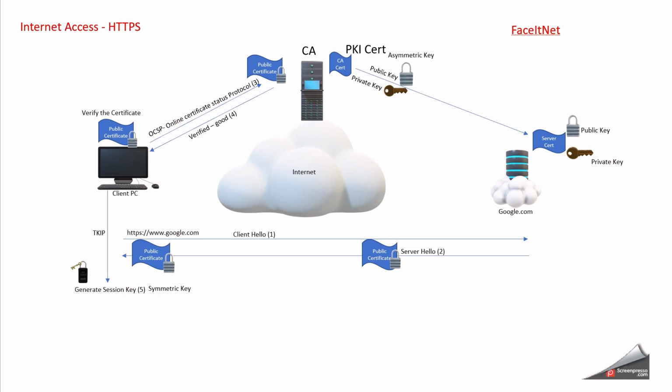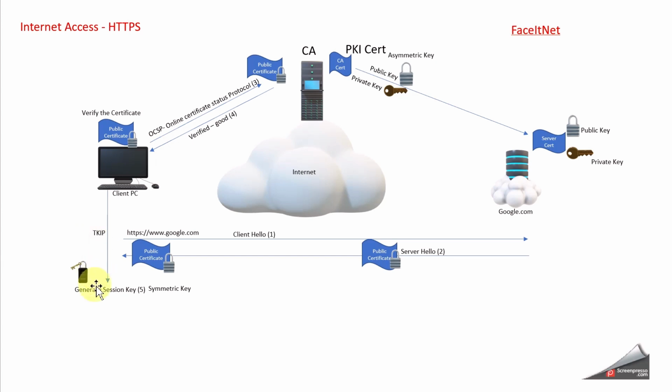Now the client computer has got Google's public certificate, and it has been verified. Now it is going to create its session key. So you can see it's creating a pair of keys; two keys are generated on the client computer. Technically, it is a temporary key.